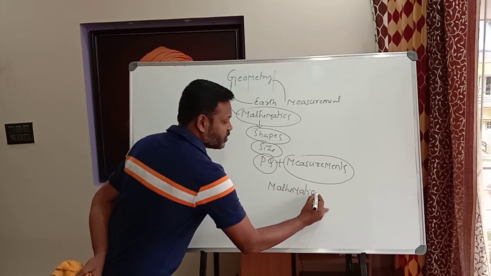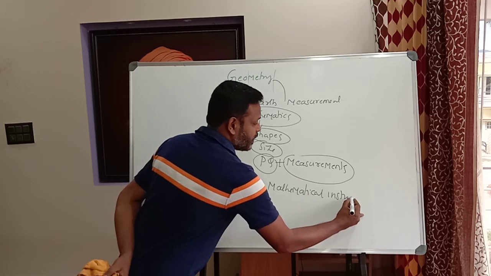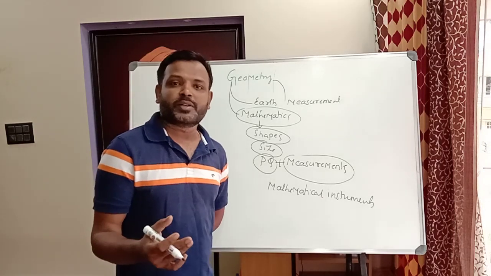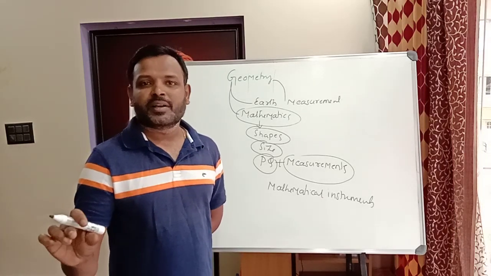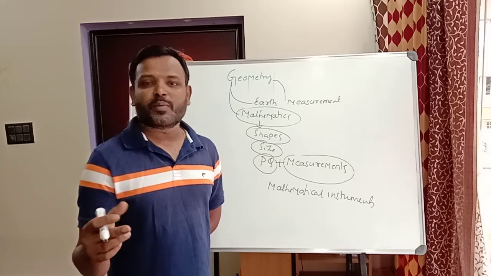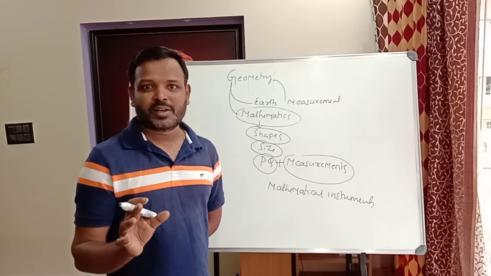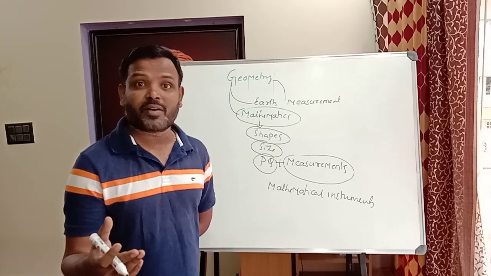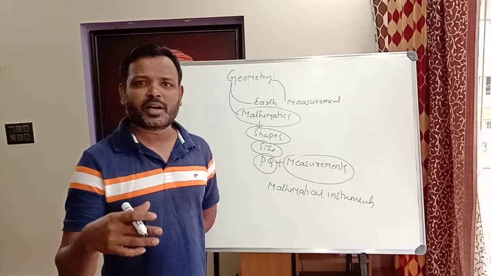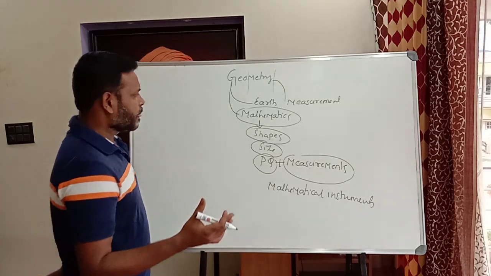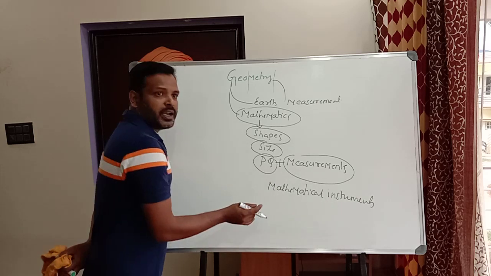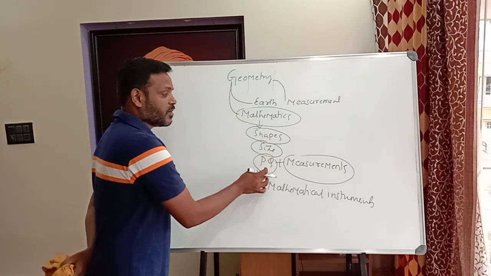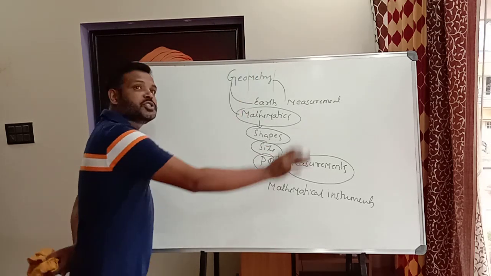By using mathematical instruments, we are going to measure length, construct geometrical shapes, and measure area and volume. So by using mathematical instruments, we deal with shape, size, and physical quantities. This is what we call geometry.